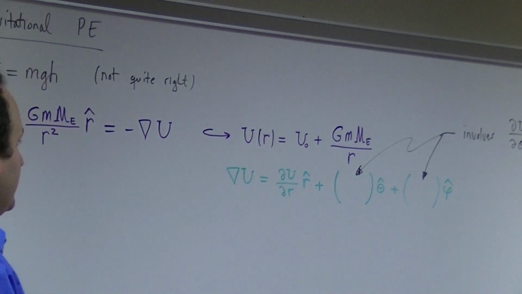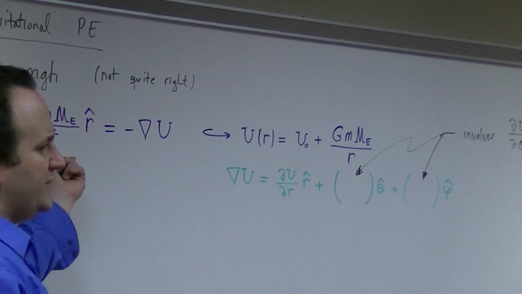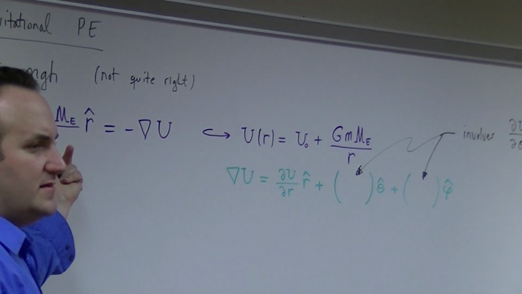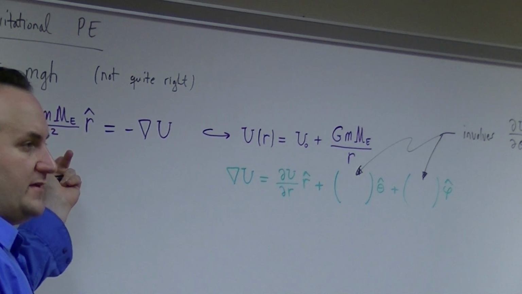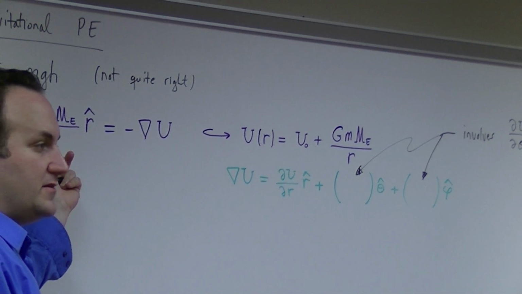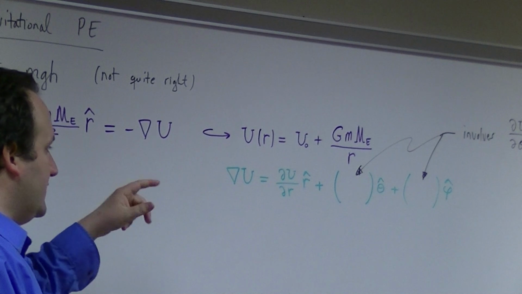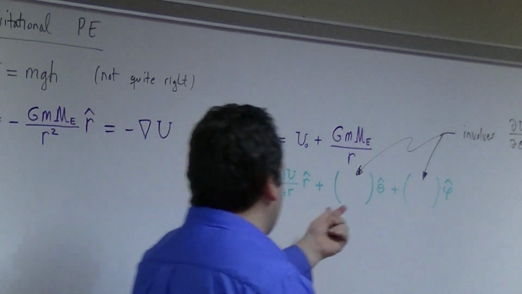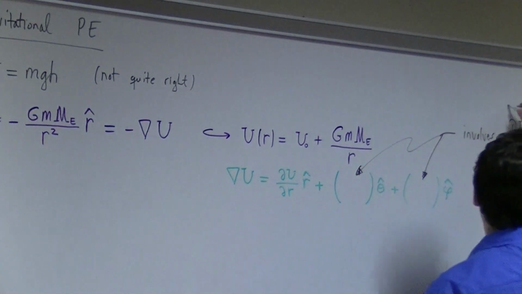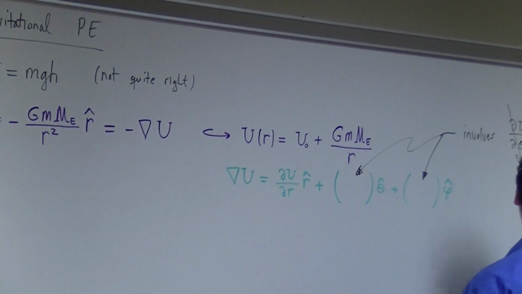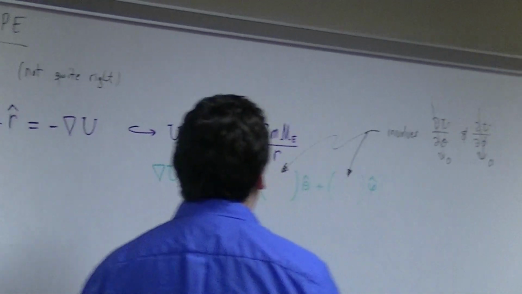But as you can see, there's no dependence on either of the spherical angles here. So certainly you don't need a theta or phi dependence in your U. Because you don't have a phi hat or a theta hat term, both of these are 0. We don't worry about them. So we can just really think about it one-dimensionally.